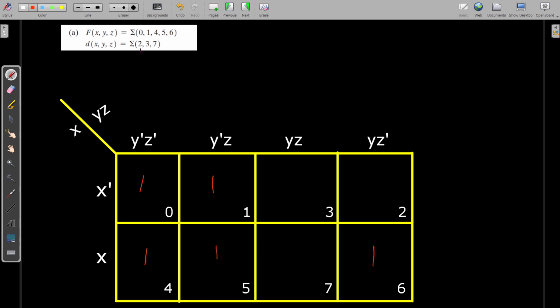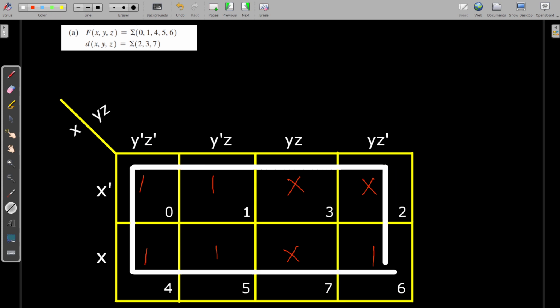Then we mark the don't care conditions as x in the cells 2, 3 and then 7. Since all these cells are occupied either with ones or don't cares, we can combine them all into a single loop.